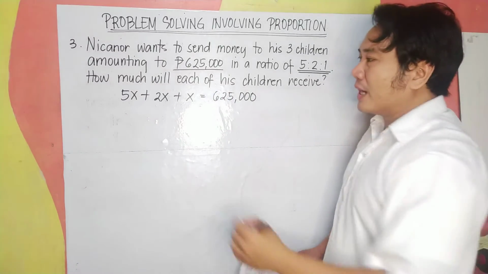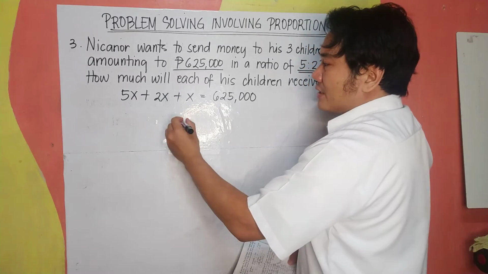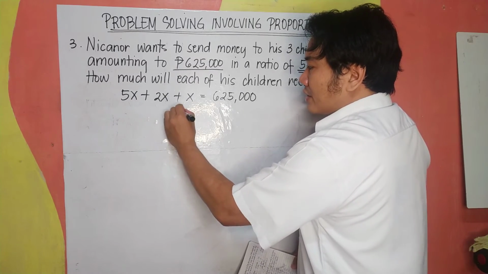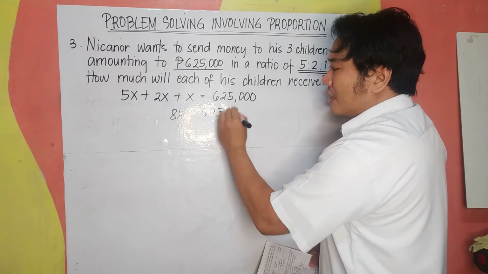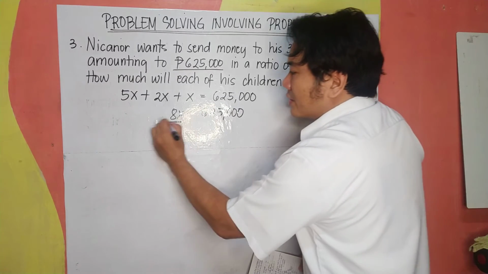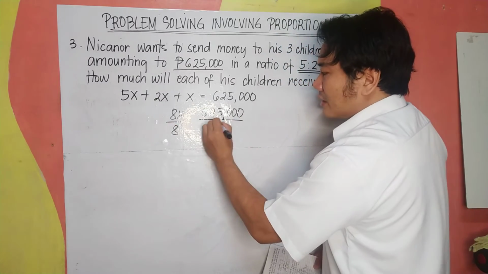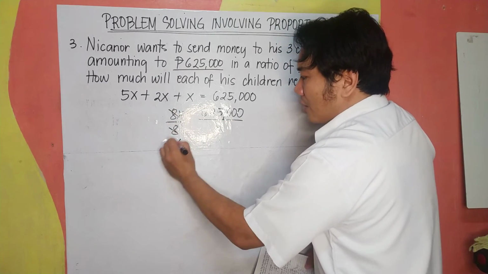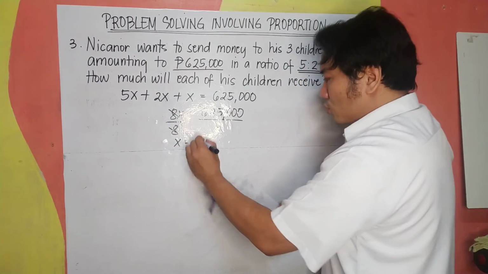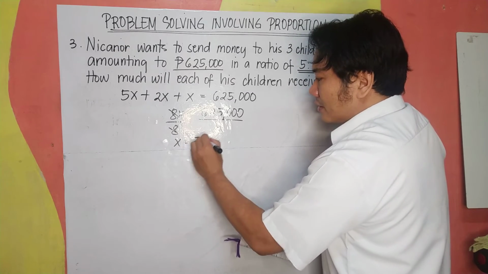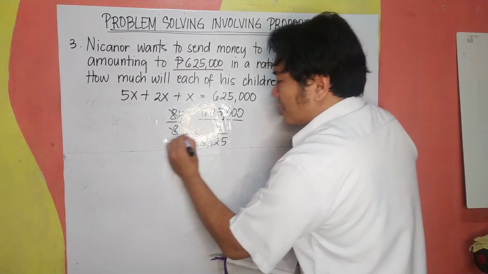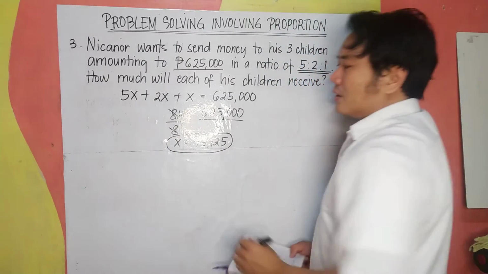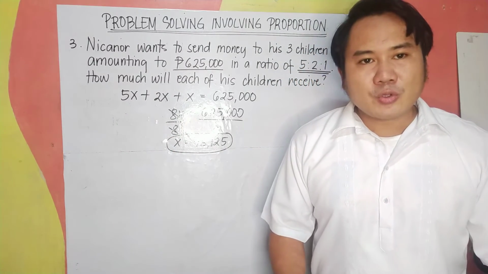And then we're going to add 5 plus 2 plus 1 is 8x equals 625,000. Solve for x, divide both sides by 8. Our x is equal to 78,125. This is just the value of our x. Ang tinatanong, magkano yung magkakapatid.